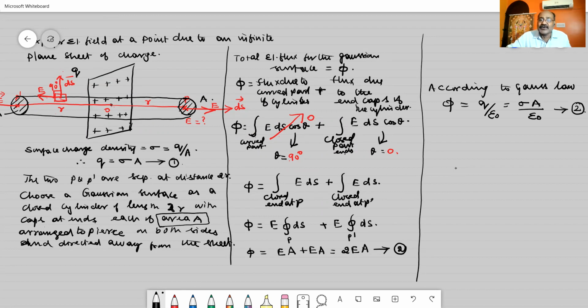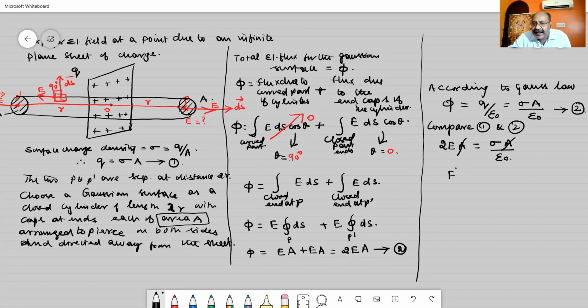Now compare these two equations. On comparing equation 1 and equation 2, both the left-hand sides are equal. Equate both the right-hand sides. So I can write 2EA is equal to sigma into A by epsilon 0. So this A and this A will get cancelled.